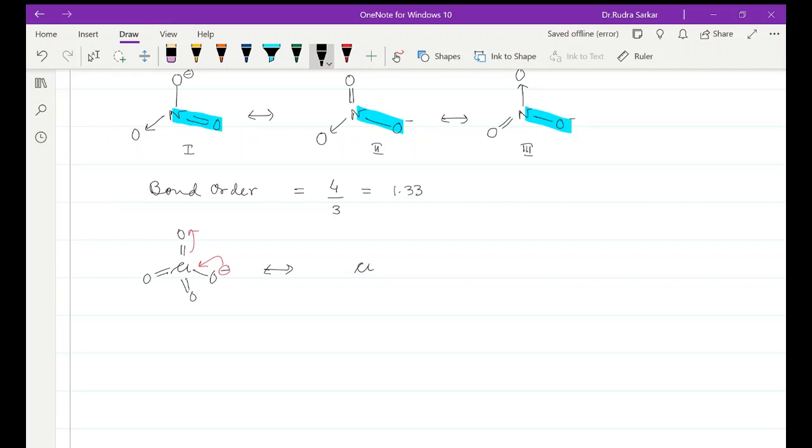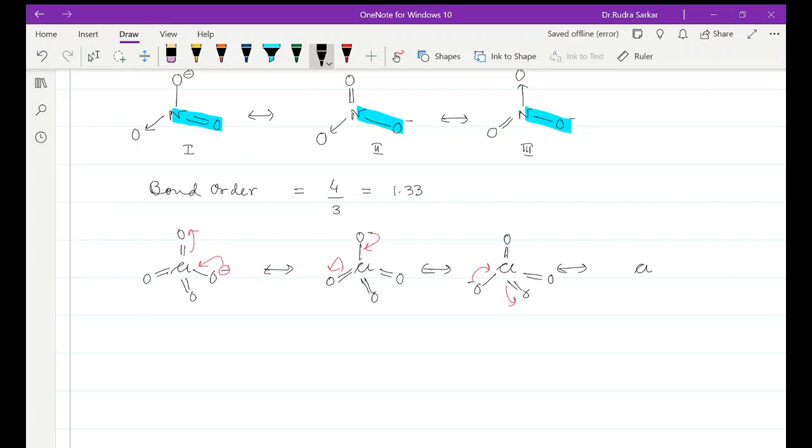So now this will become a double bond, that becomes a single bond. What you could do is make this double bond, open this one up now, and you get the next resonating structure. Again, close this one up, open this one up.